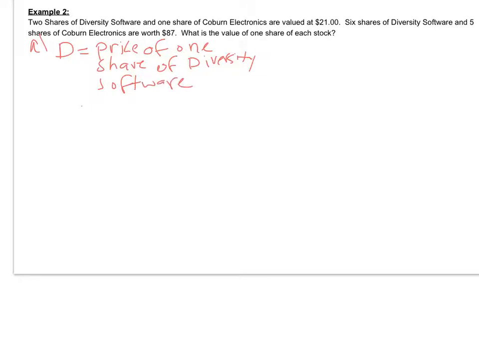Our other one is Coburn Electronics. So let's use a C for that one. So we'll let C equal the price of 1 share of Coburn Electronics.